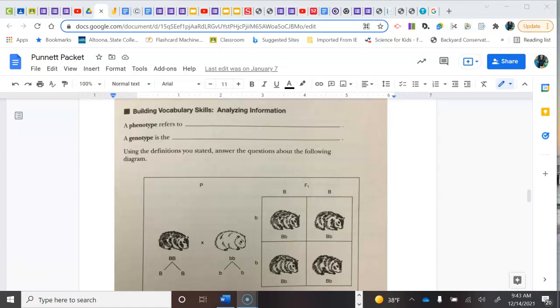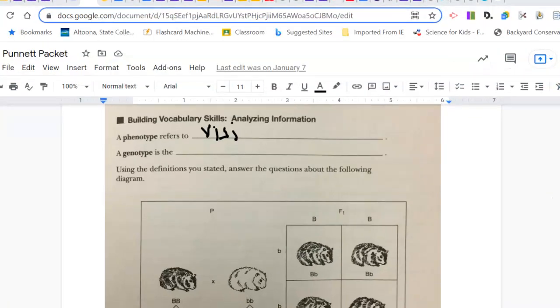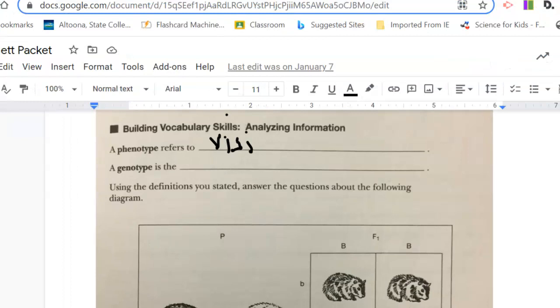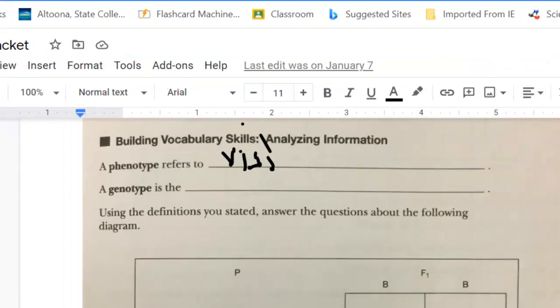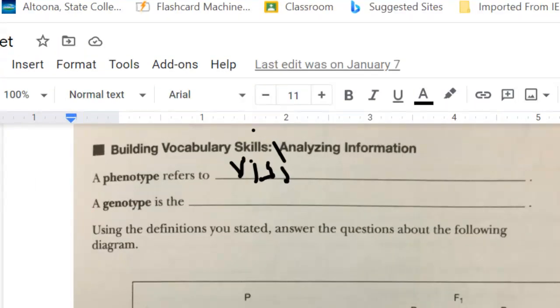All right, here, this is another old worksheet from a different book that I had. And this is all talking about Punnett squares, phenotypes, and genotypes. So the phenotype is the visible trait or the expressed trait. And then the genotypes are the types of genes.